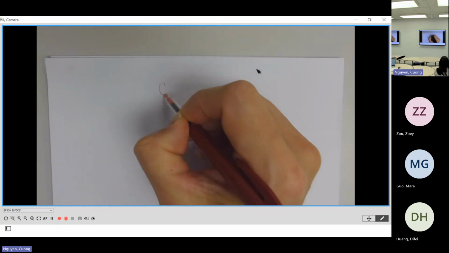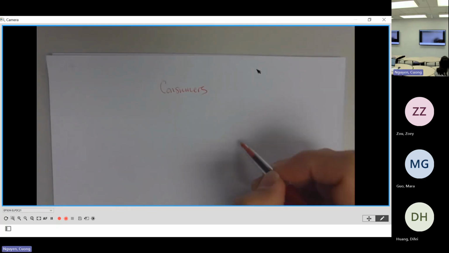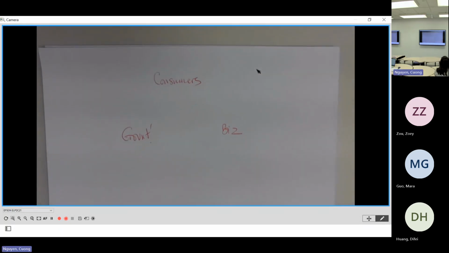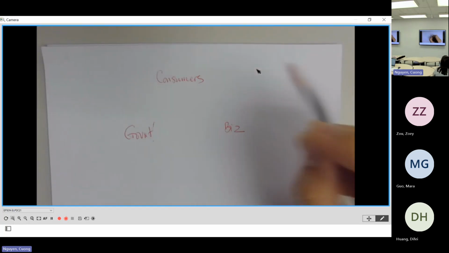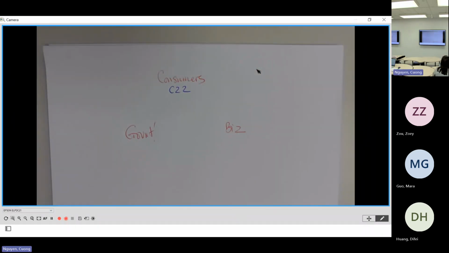Withdrawal is a transaction, a payment in a way. Depositing and loaning. So we will have these in our daily activity. We have customers, we have government, and we have businesses. So when customer pays customer, what does it mean? It means C to C.